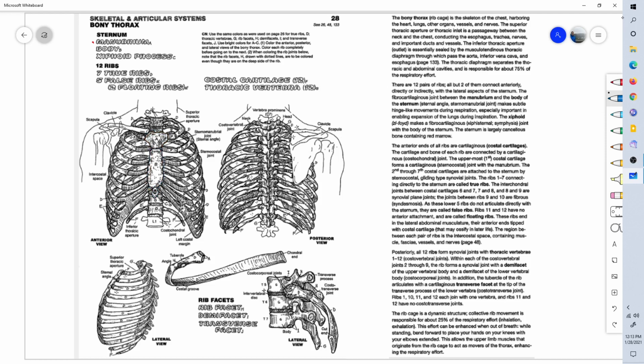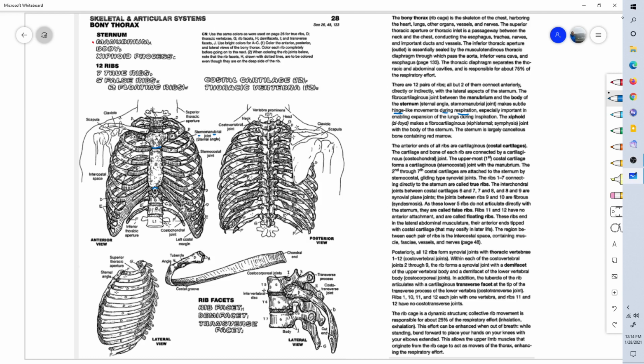Between the manubrium and the body of the sternum is this little area, a very subtle little line there called the sternomanubrial joint that only flexes very slightly during respiration, during breathing, and expanding the lungs when you breathe in. The xiphoid also makes a little fibrocartilaginous joint below on the bottom end of the sternum.